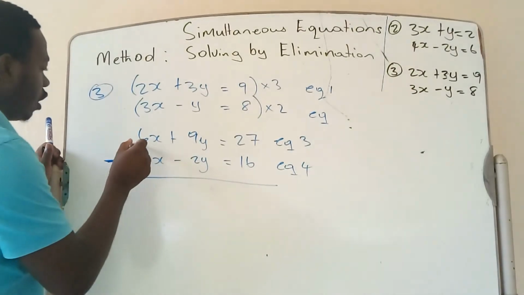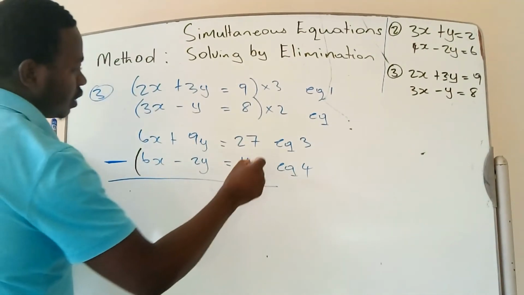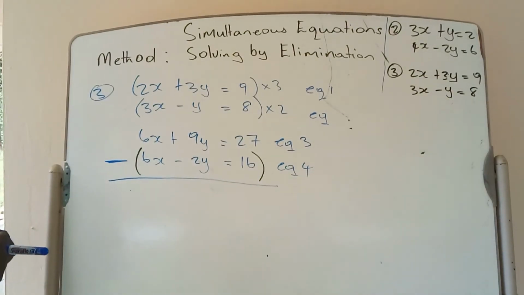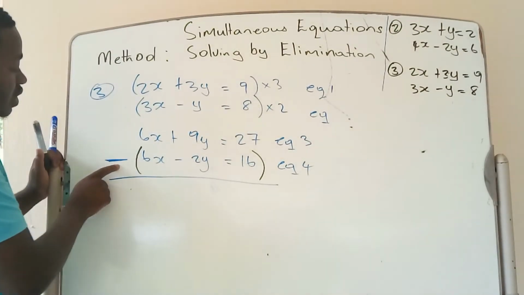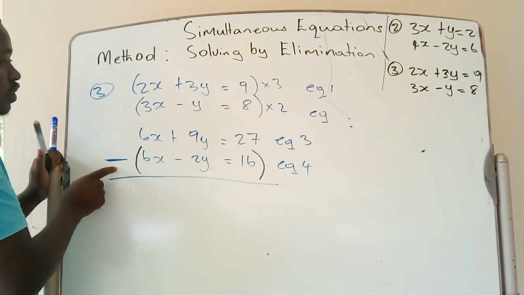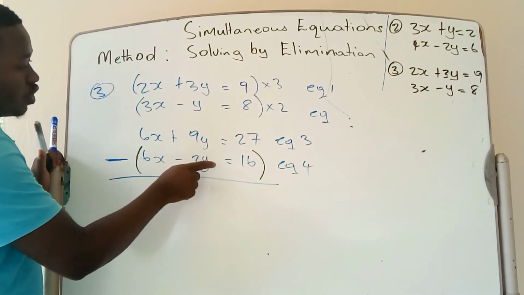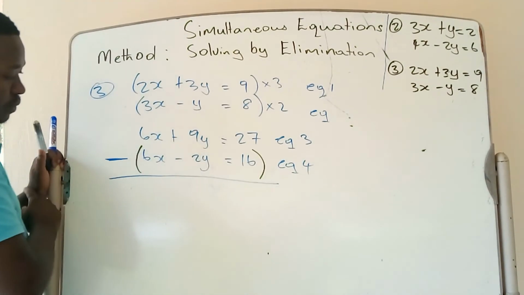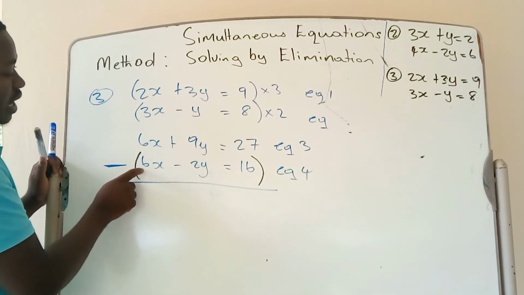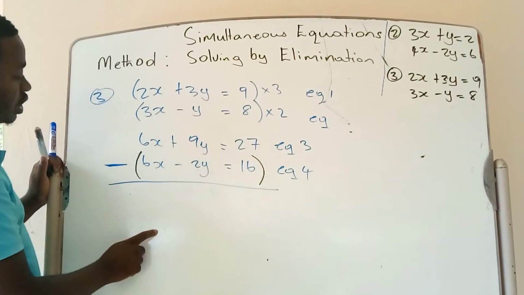I need to put all of this second equation here in a bracket. What this means is that this negative sign or minus sign is going to be distributed to each of the terms inside of this bracket. Right? So it means that all of the signs inside of this bracket are going to change.